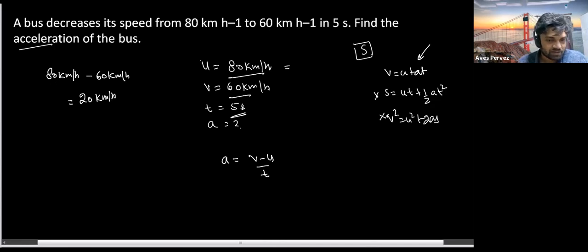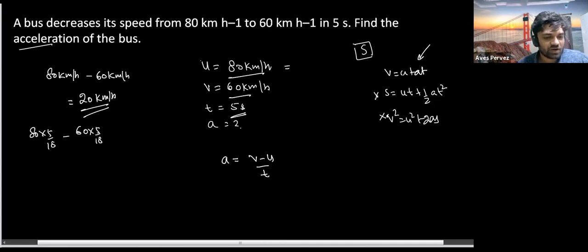It is better to subtract first, and then convert the answer into meter per second, rather than converting 80 into 5 by 18, then minus 60 into 5 by 18.